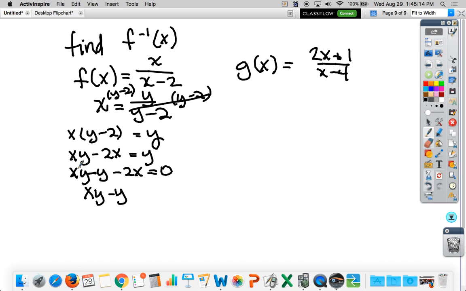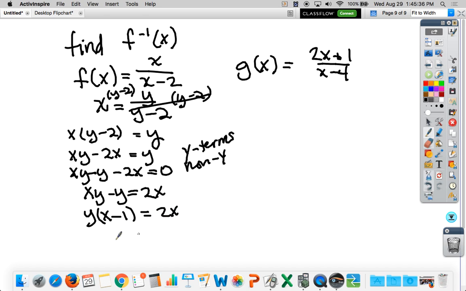We want to keep all y terms together, and we want to keep all non-y terms together. All right, now what would I do? Factor out a y. So my inverse is that.